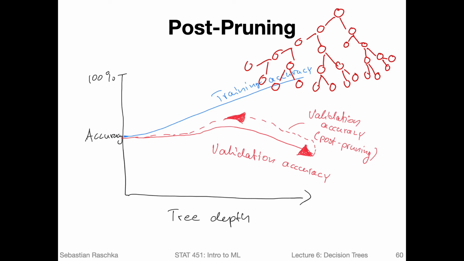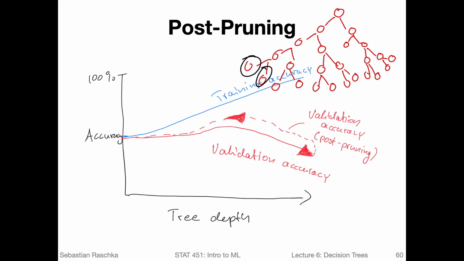So in the reduced error pruning, what you would do is you would go back and remove individual nodes and see if that improves the validation set performance. So you would, for example, just remove this node and this node, and then see whether this improves your performance. And if yes, you would go one step further back and so forth.